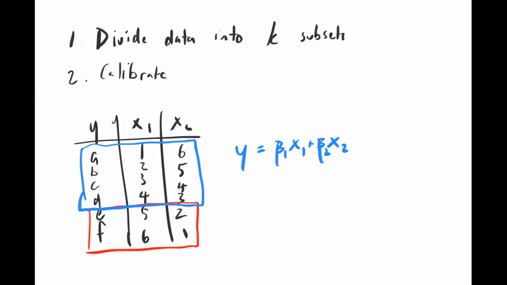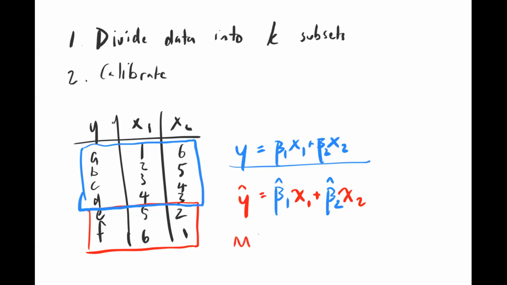And then I'm going to calculate y hat for x1 and x2 using the estimated betas from here. And then you can do the mean squared error as a function of your y hat and your y.